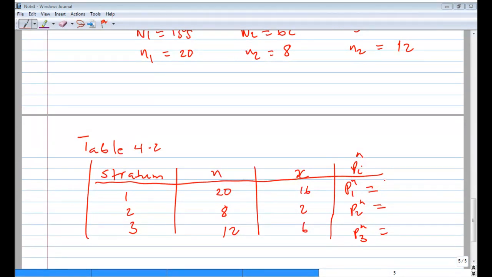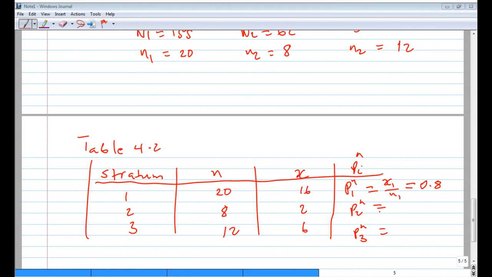It's X1 over N1, which is what? 0.8. In other words, it's 16 over what? 20, isn't it? So it's 0.8.